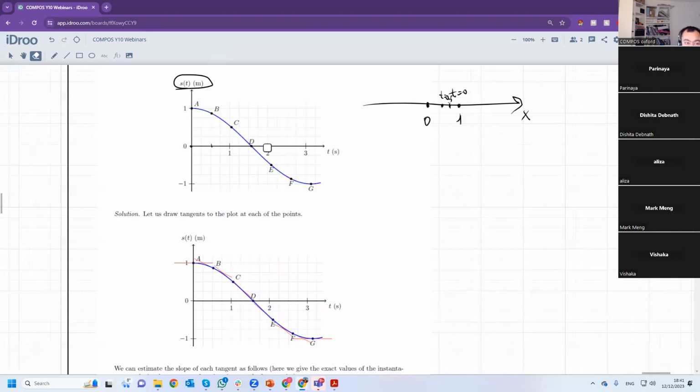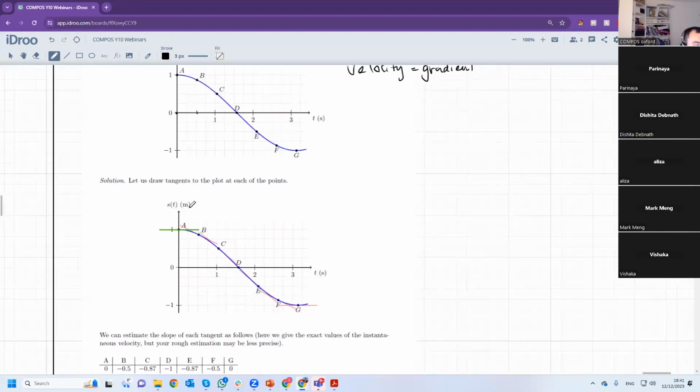Just to understand, I'm showing you how to read this graph. Obviously it's moving backwards. The displacement is decreasing, so it's moving backwards. Now the velocity is the gradient. If we draw the tangent at point A here, the gradient of this line is 0.